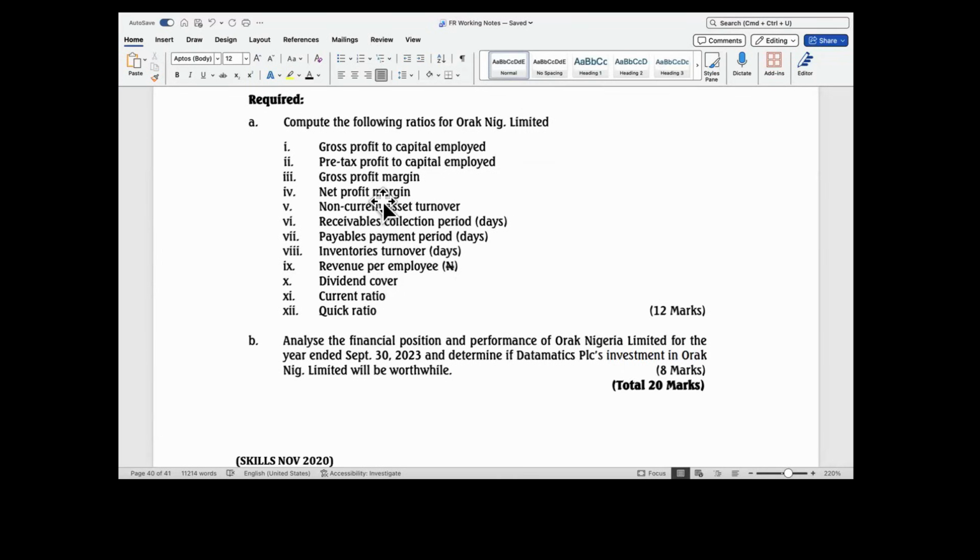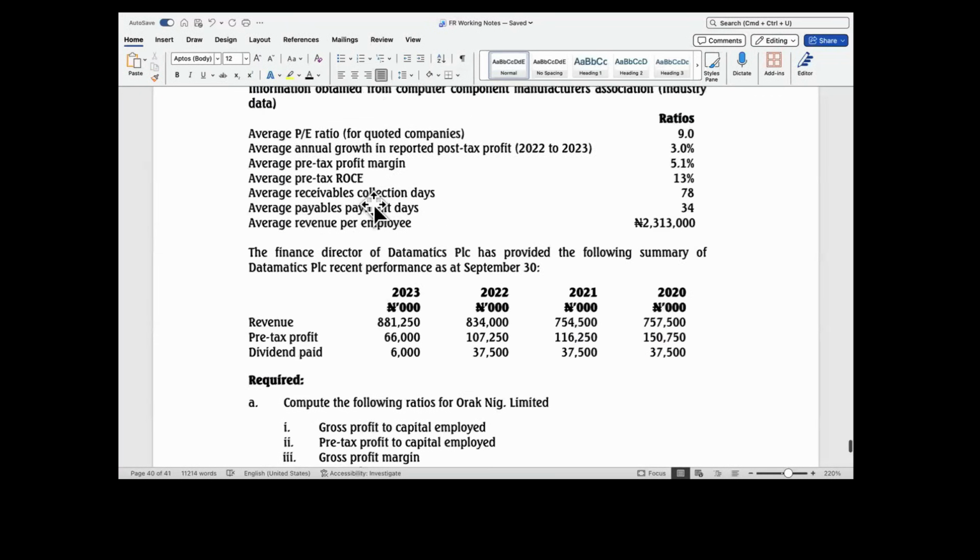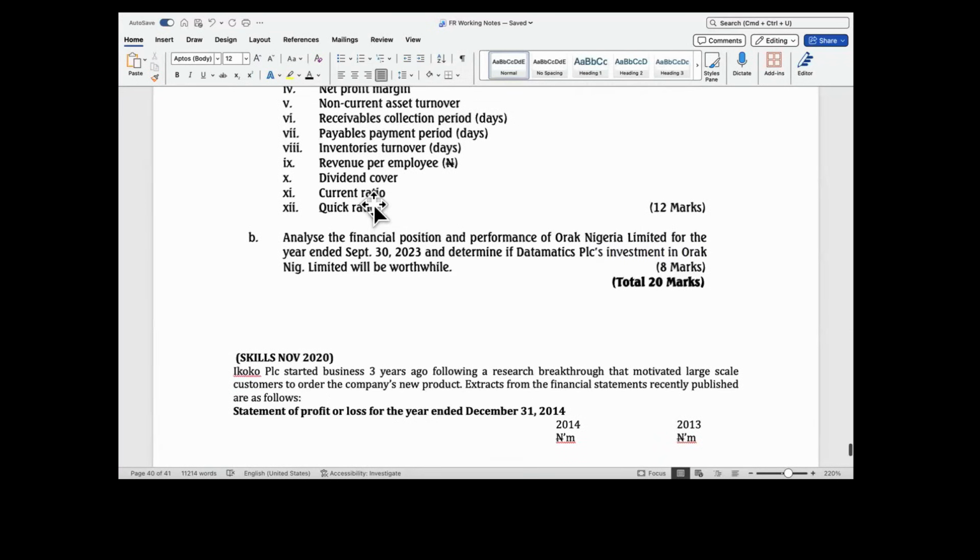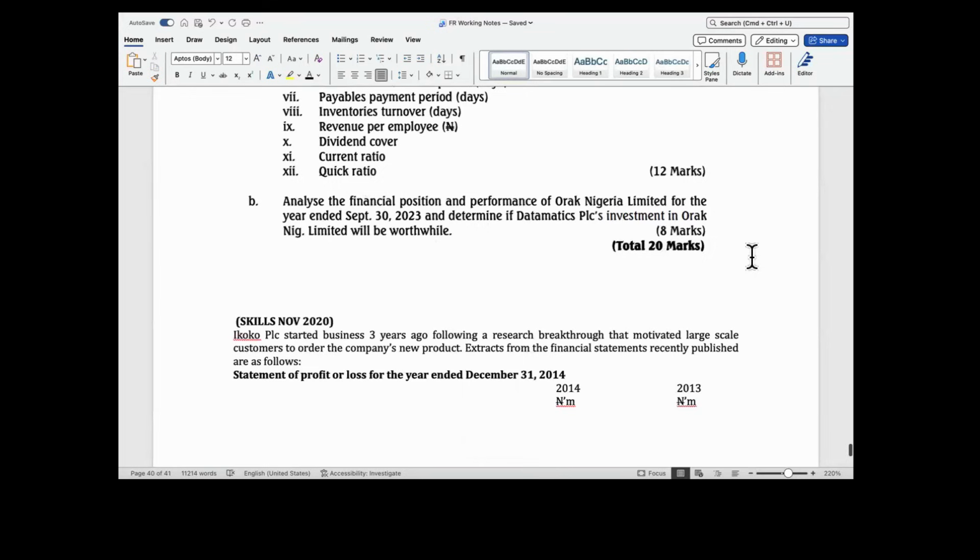We'll group them together, then we talk around some factors that resulted in their decline, just so that we have actually spoken about performance and position. And we'll determine if the investment will be worthwhile based on our analysis. So let's compute that.